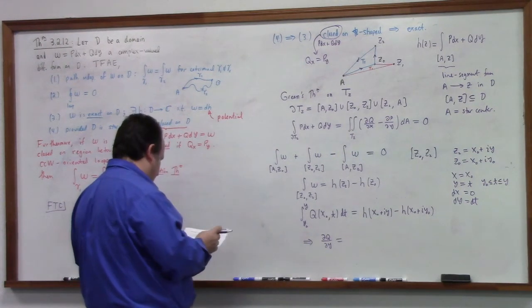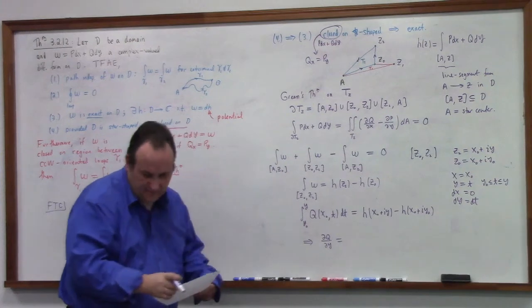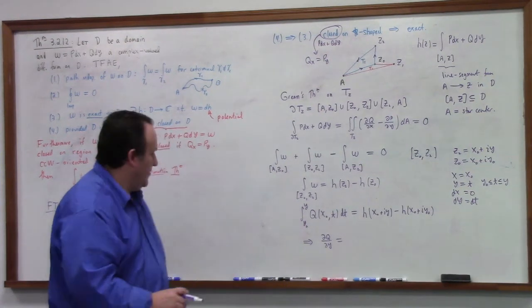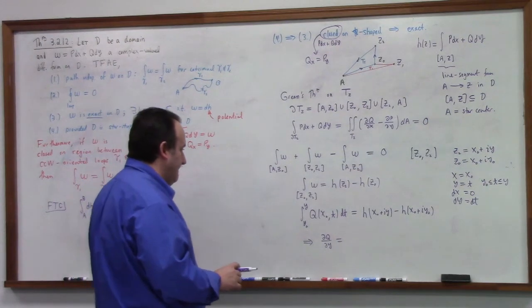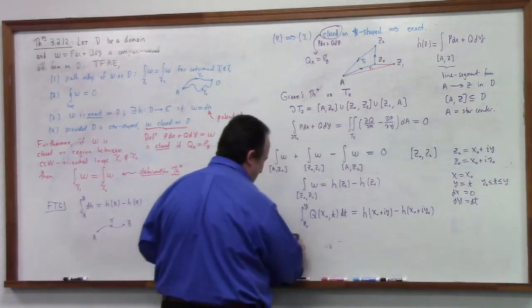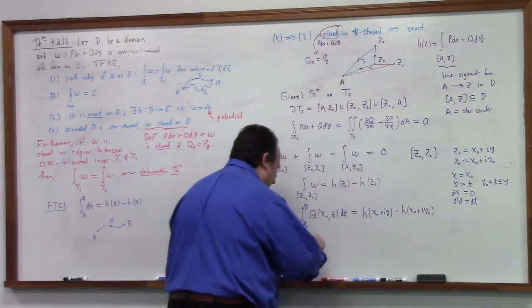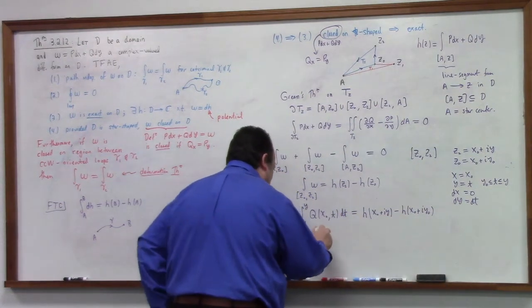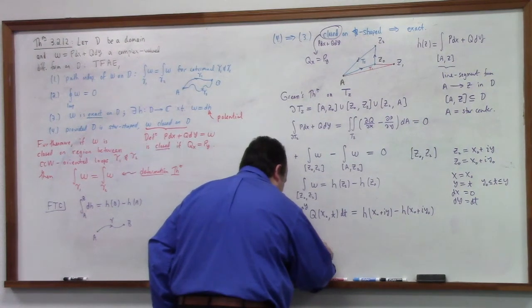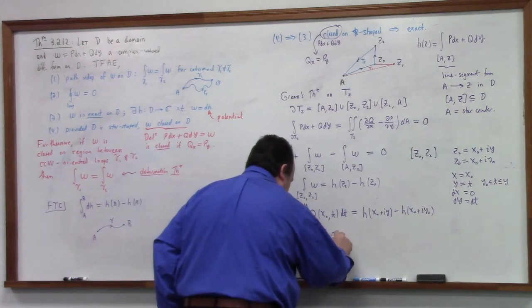I'm sorry, I may have lost my way here. Give me a second. I'm an idiot. So if I differentiate this with respect to y, it just pops out Q. Yeah, that pops out Q.